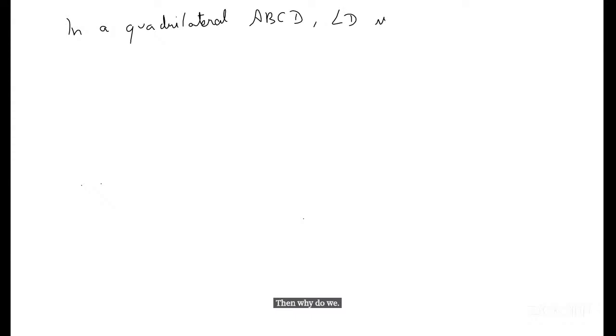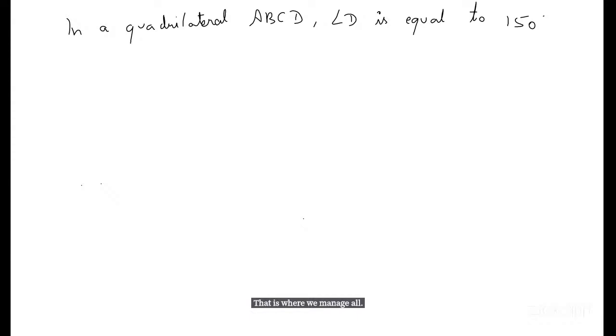Ma'am, why do we name a quadrilateral with four letters? Because it has four sides and four vertices. That is why we name it with four vertices.